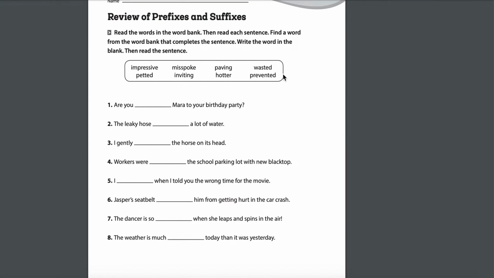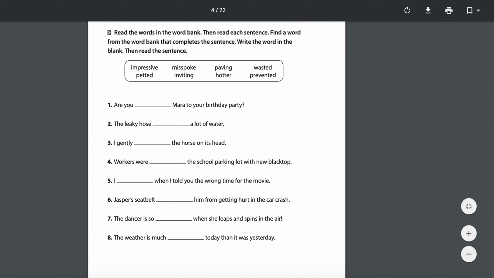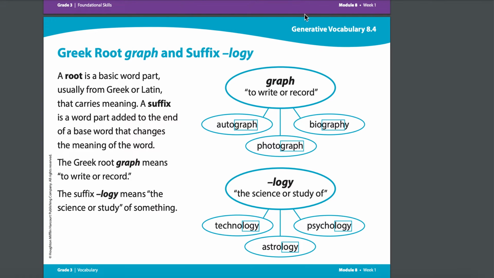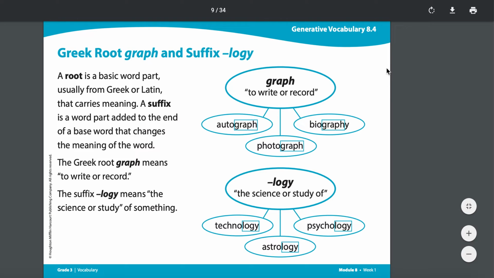And you have 8 words in your word bank and you will fill them in to the best fitting sentence. Okay, so take your time, reread them, make sure they make sense. If you are unsure of a word, try to find the base word and see if they added either a prefix or suffix.